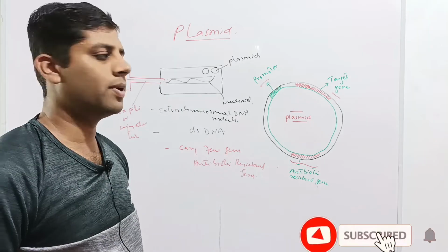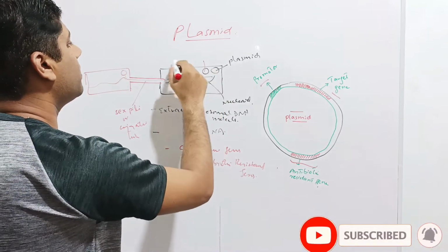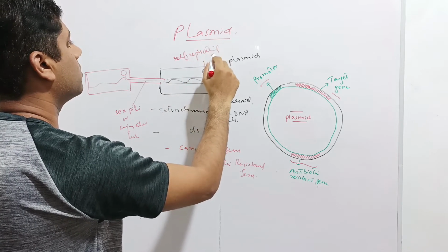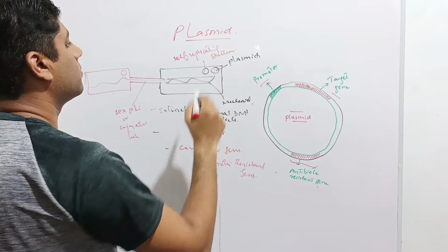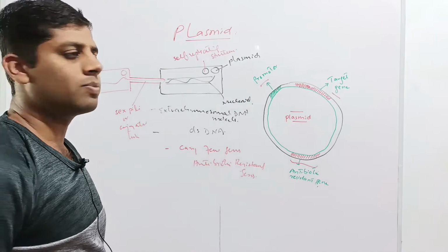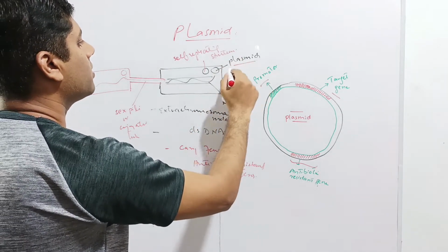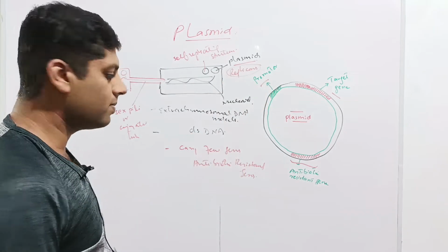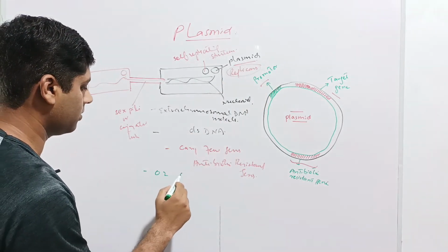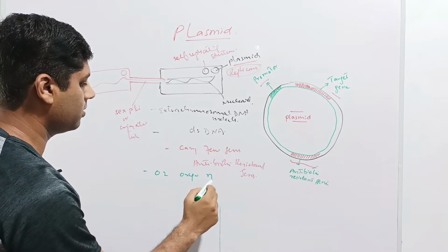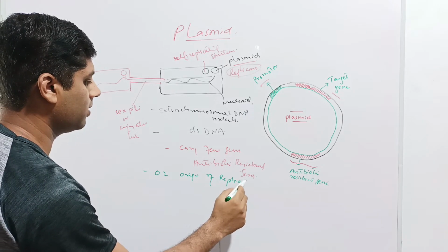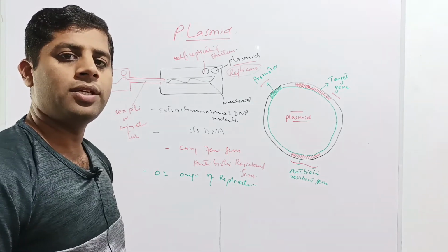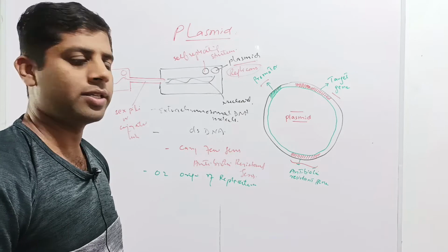It should also be kept in mind that these plasmids can replicate independently. So these are self-replicating structures. Due to their self-replication, these are also referred to as replicons. The plasmid has two origins of replication persisting in its DNA molecule, and these plasmids can also be artificially synthesized in the lab.